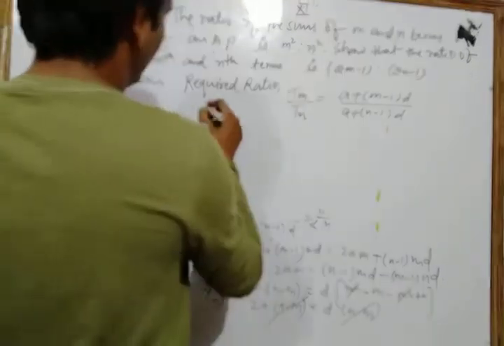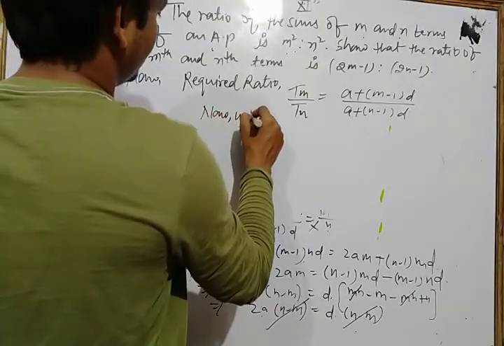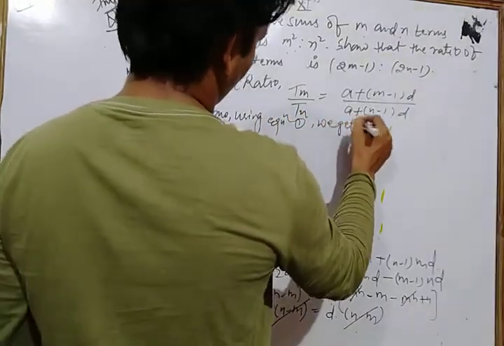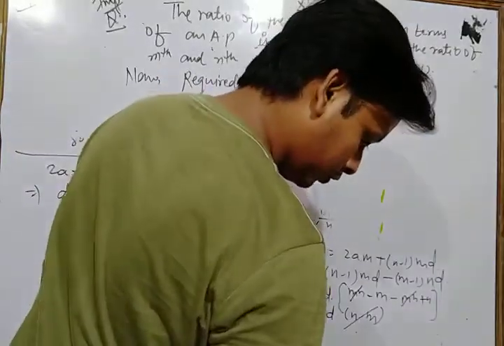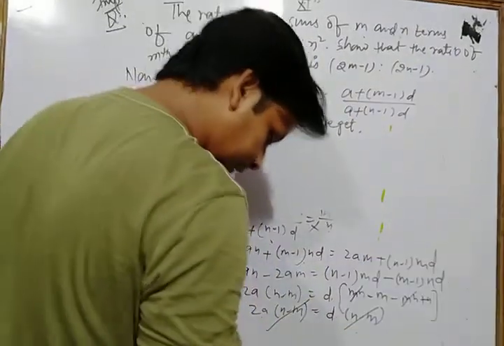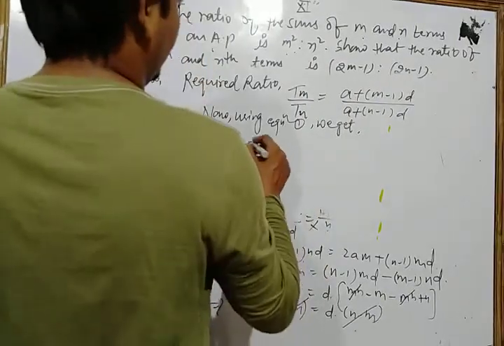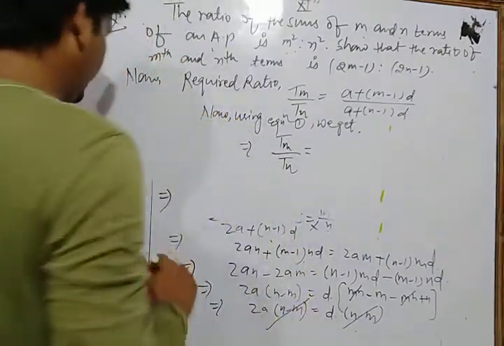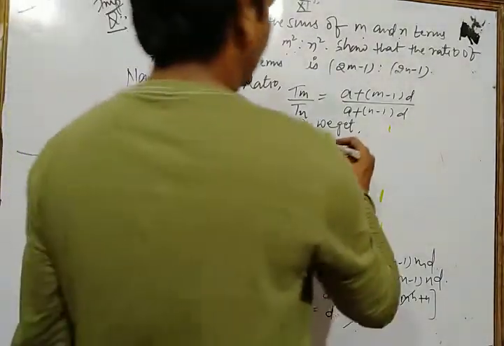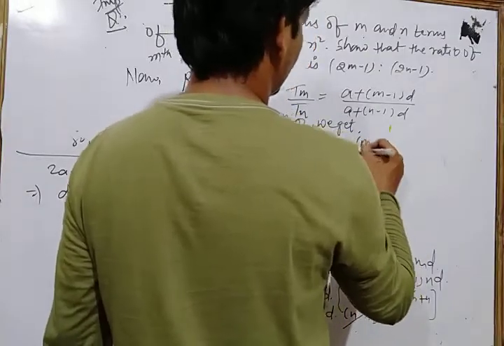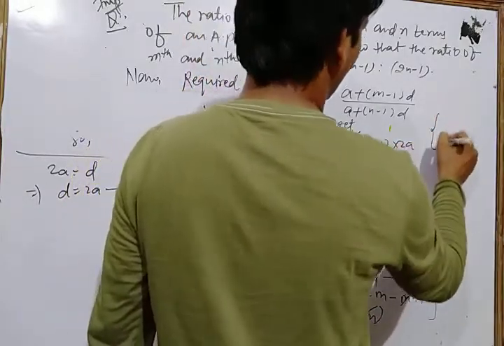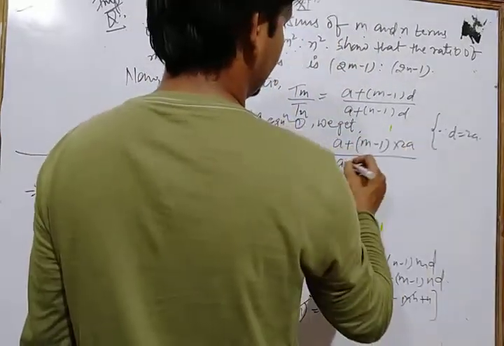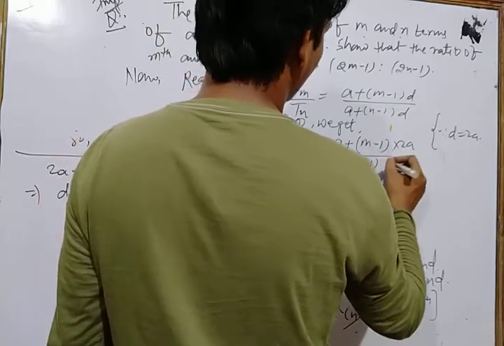Now using equation 1 we get, Tm upon Tn is equal to, we put d is equal to 2a. So a plus m minus 1 into 2a, because d is equal to 2a, and in the denominator the same, into 2a.